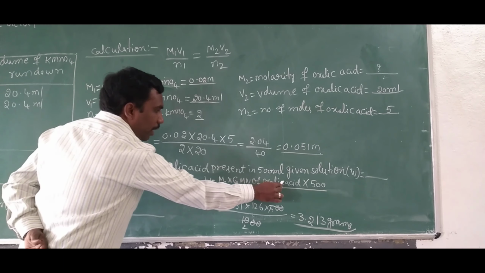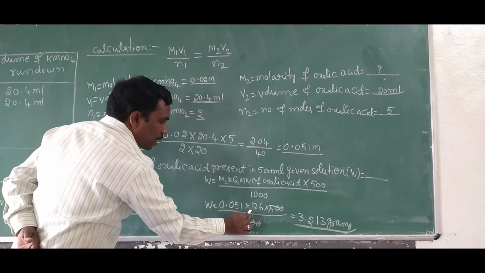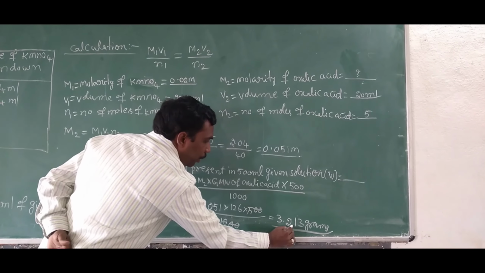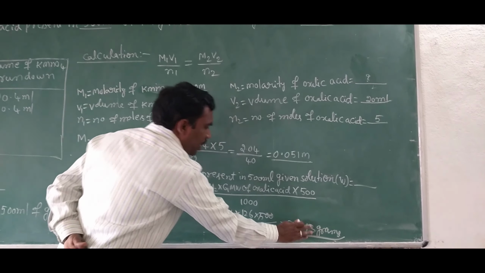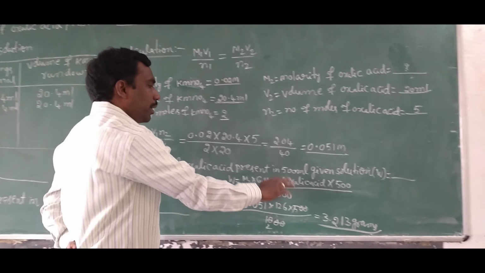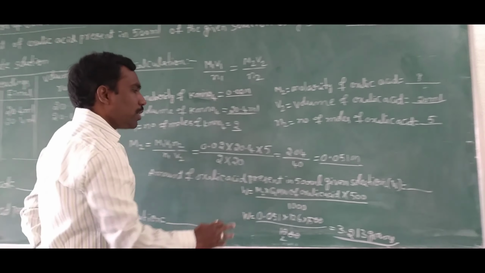The gram molecular weight of oxalic acid is 126. After the calculation, we finally get 3.213 grams. That means 3.213 grams of oxalic acid is present in 500 ml of the given solution.